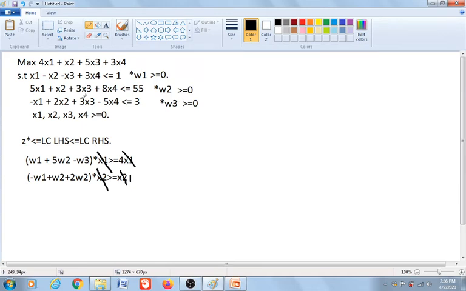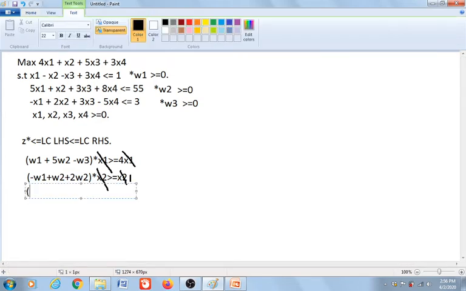And now for x3, we'll do the same thing, so that will be minus w1 plus 3w2 plus 3w3 times x3, that should be bigger than or equal to 5x3.